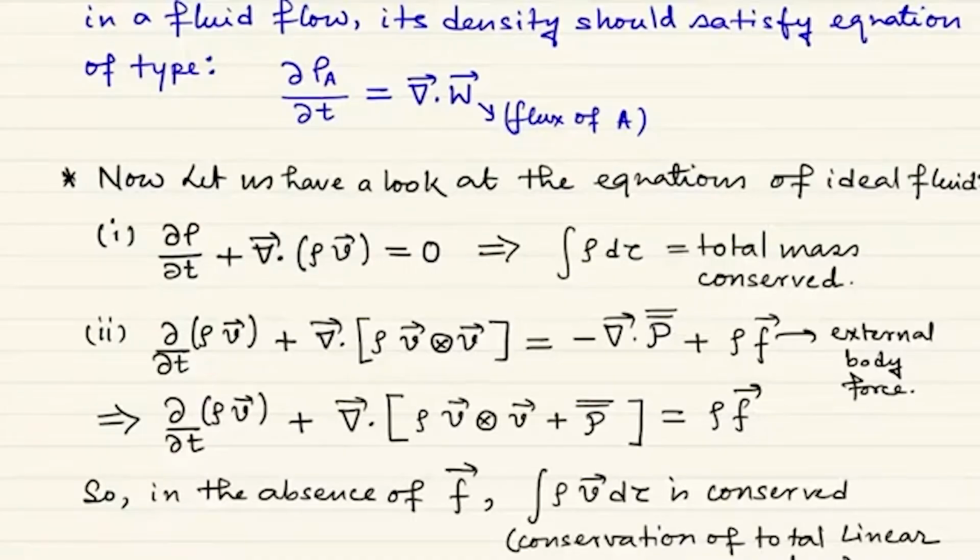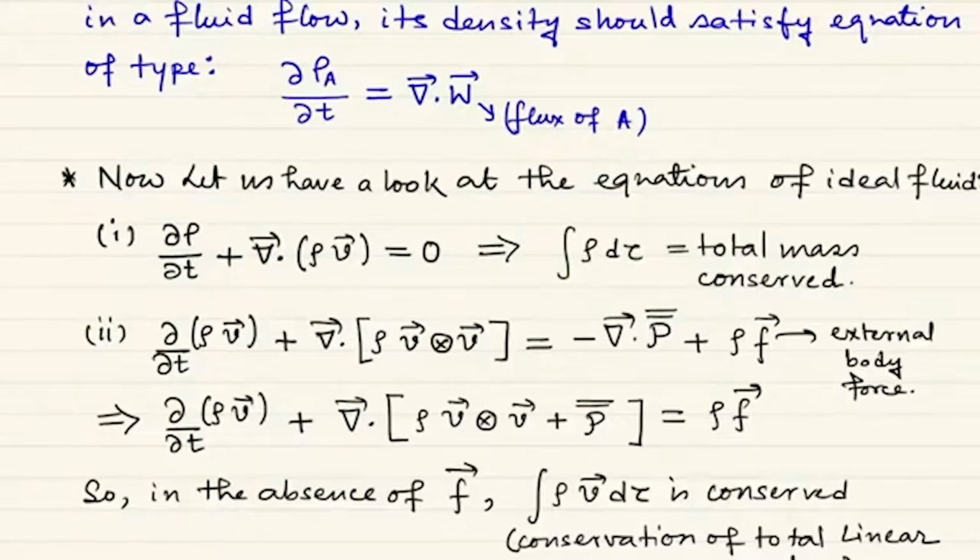∂/∂t of ρv plus divergence of ρv tensor v, sorry, I'm sorry, is equal to minus divergence of the P tensor plus ρ times f. That is the external body force. And you can actually take this thing to the other side and take everything inside this divergence.